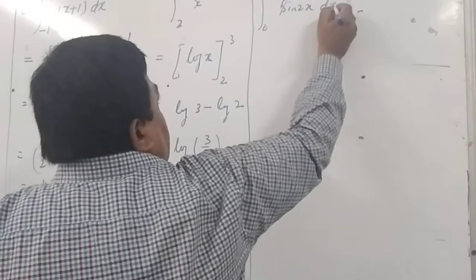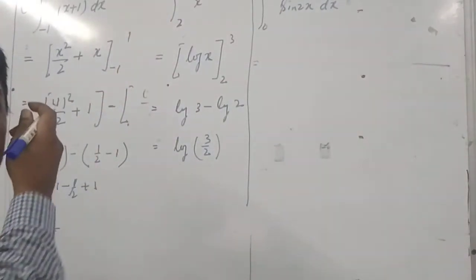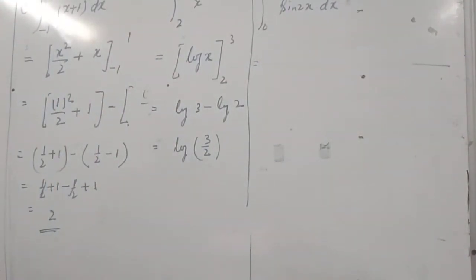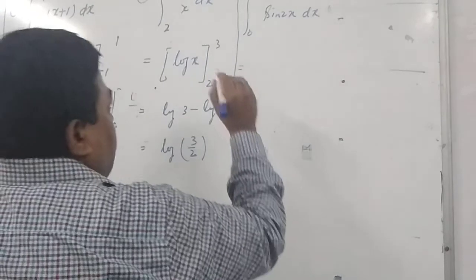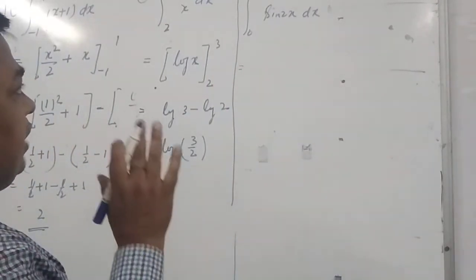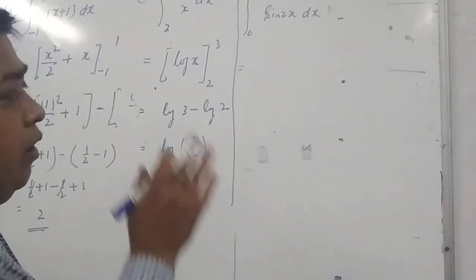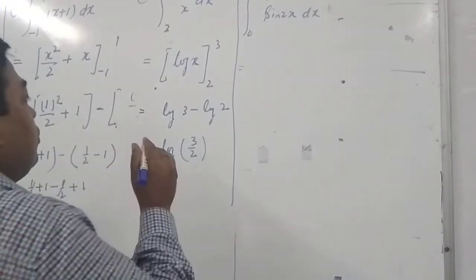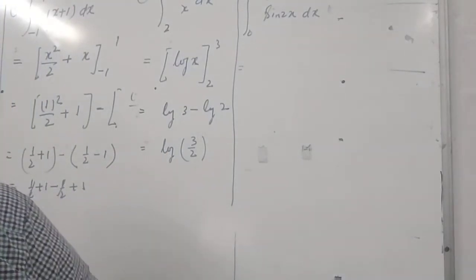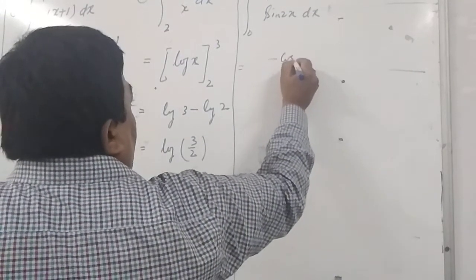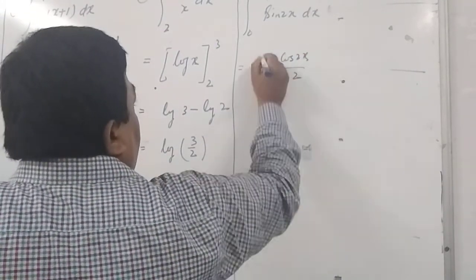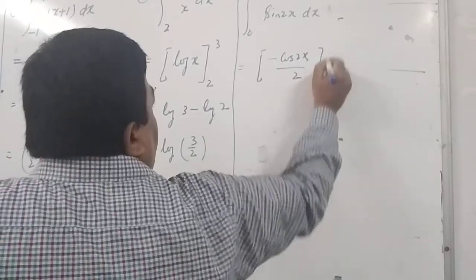Again apply the basic fundamental formula. The integral of sin 2x is minus cos 2x by 2, from 0 to pi by 4.